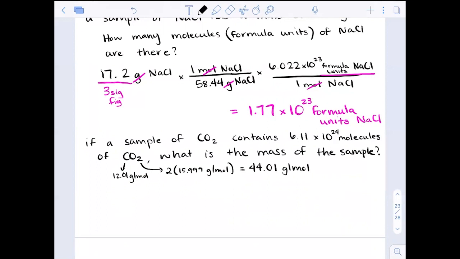Now, when we set that up, the measured value that we are starting with is in molecules. So we would multiply it by 1 mole of CO2 over 6.022 times 10 to the 23rd molecules, and then multiply it by that molar mass.